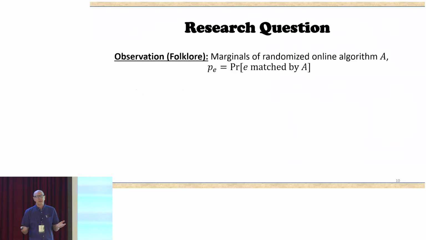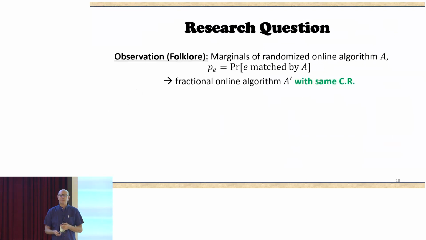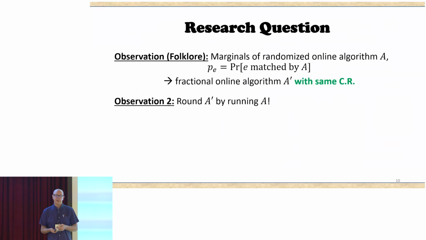One very simple observation is that any randomized algorithm implies a fractional algorithm by defining the fractional value of edge E to be the probability that it's going to be matched by algorithm A. That's going to give us a fractional algorithm which has the same competitive ratio.